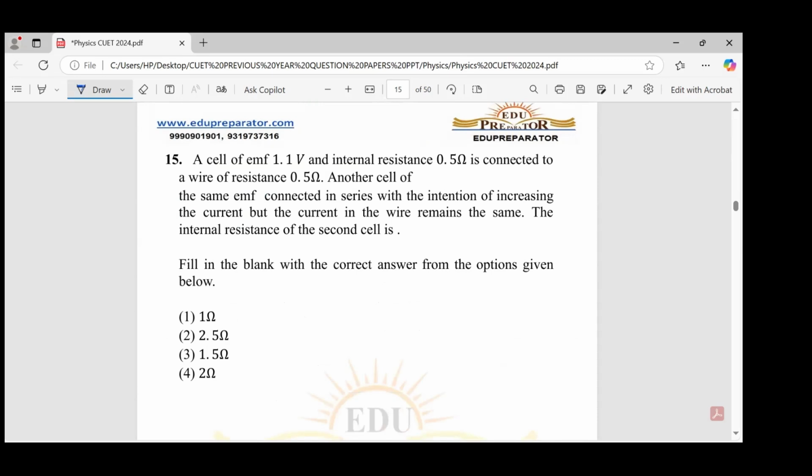The 15th question states you are having a cell of this EMF connected to a resistance of 0.5 ohm, and it has internal resistance 0.5. So we know that the value of current is E upon R plus r.